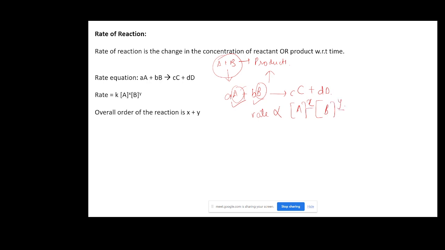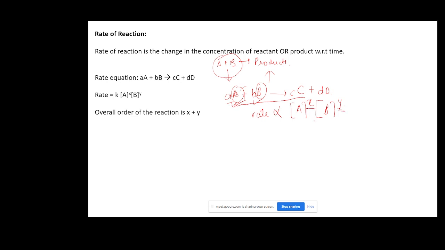This power can be arbitrary and needs to be calculated from experiment. It might be the same as the coefficients of A and B, but it need not be the same. So x and y may or may not be the same as a and b.